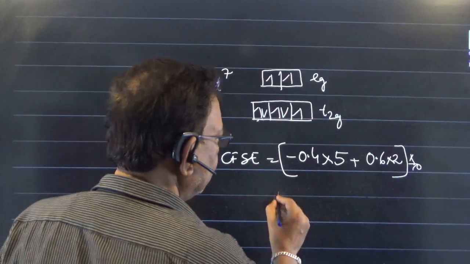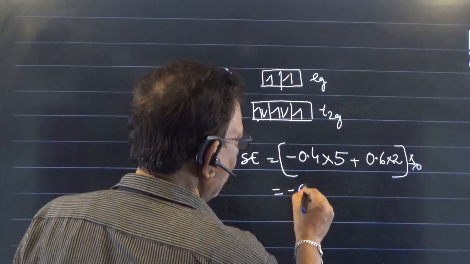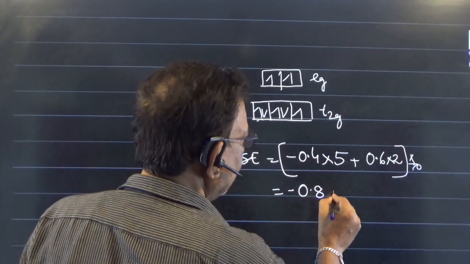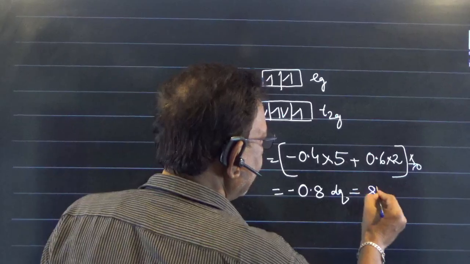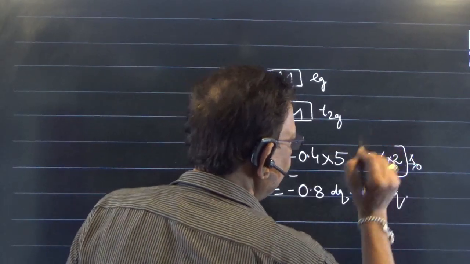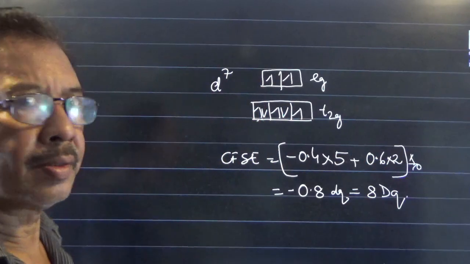Minus 0.8, minus 0.8 Dq or 8 Dq. Did you understand?